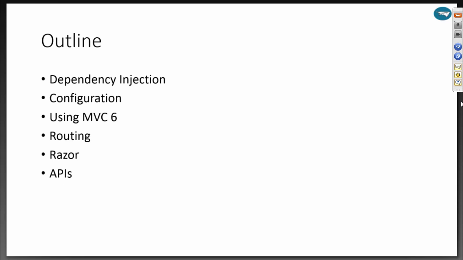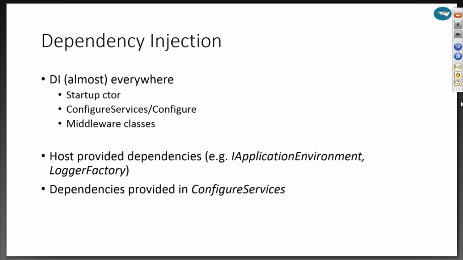Okay, so to get started, we did a webinar last week, and last week I was demoing ASP.NET 5 beta, I think it was beta 4 that we were on. Since then, Microsoft has released Visual Studio 2015.